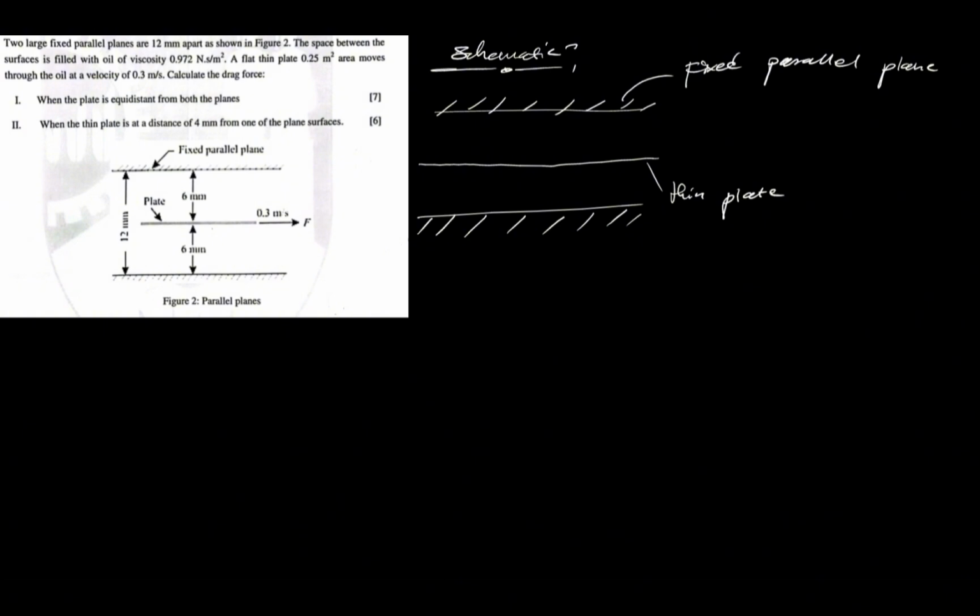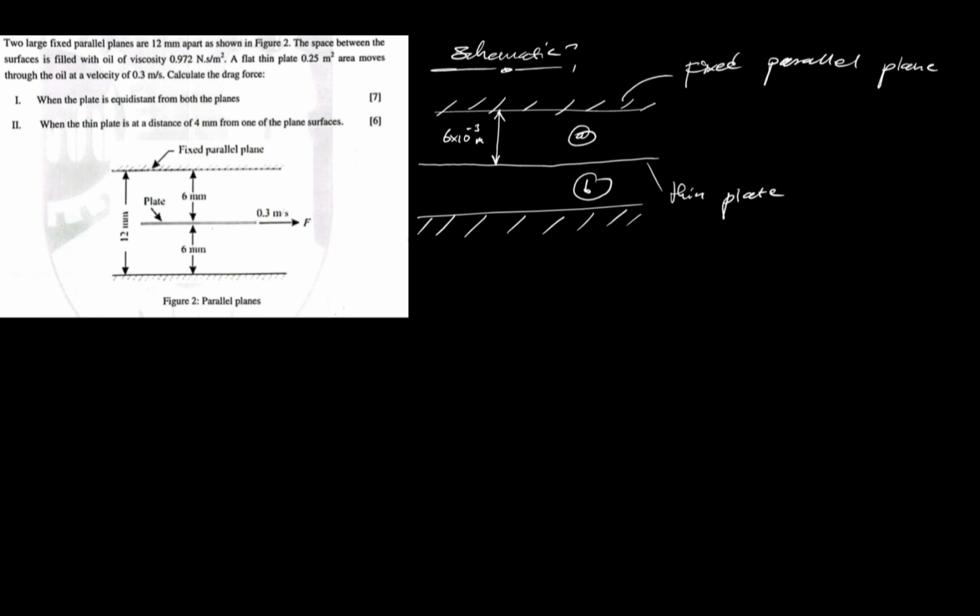Now, in the question, as you can see, the values are in millimeters, so it's best to convert to meters. Let's call the upper part section A, and the lower part section B. In section A, the distance from the thin plate to the fixed plane is 6 millimeters, which converted to meters is 6 by 10 to the minus 3 meters.